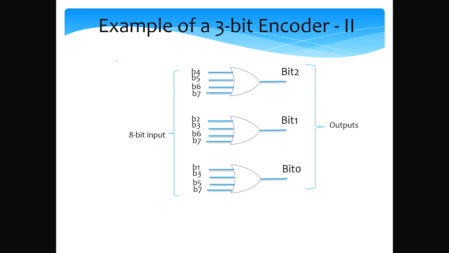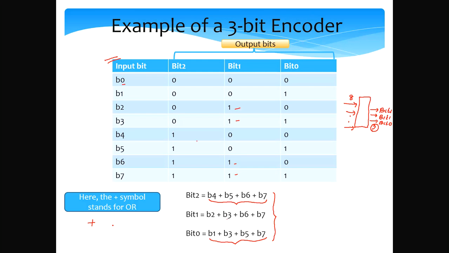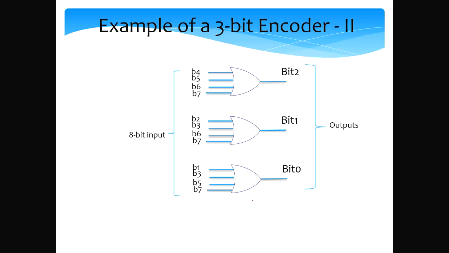So let's consider the circuit of a 3-bit encoder. It just has 3 OR gates. If you see the equations here, they show that we are taking an OR of 4 bits. So each OR gate has 4 inputs and the inputs vary depending upon which output bit it corresponds to.